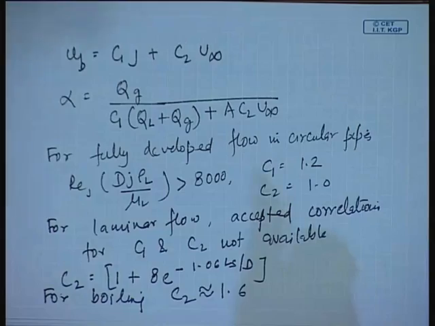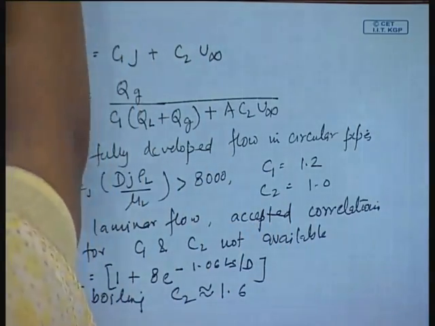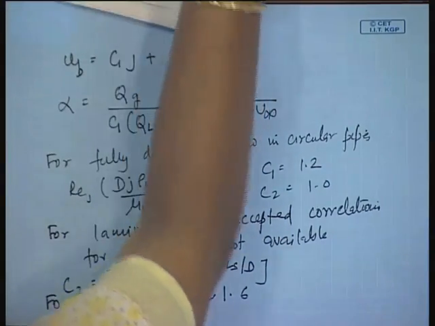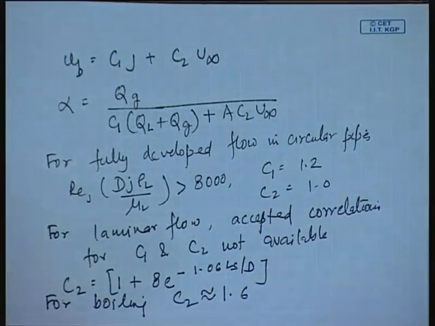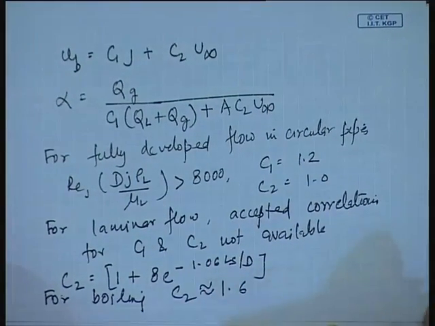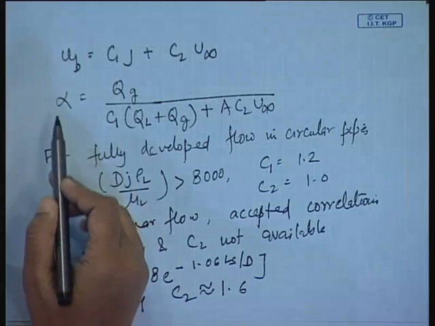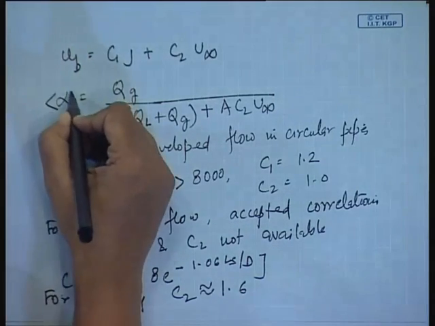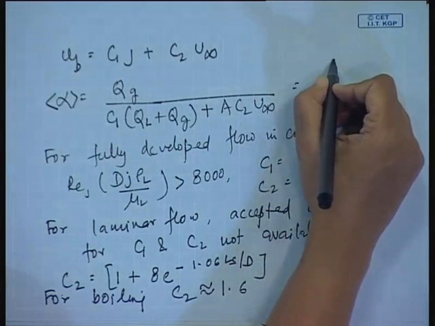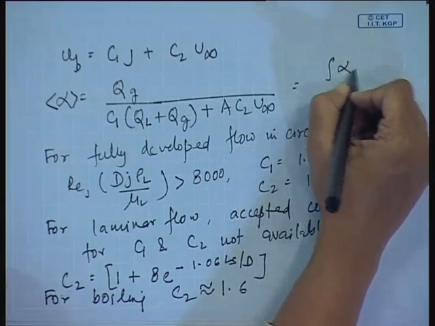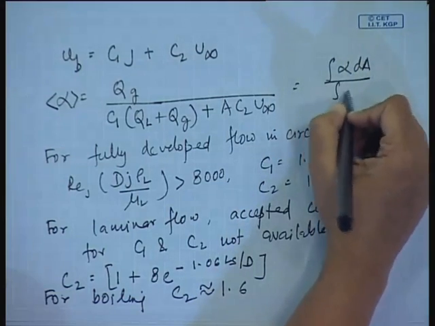So, these are the different values which people have assumed, and accordingly people have tried to modify the expression of alpha. In fact, I should have written it in this particular form. It is actually the cross sectional average alpha, where, if you remember, this is nothing but integral alpha dA by integral dA.